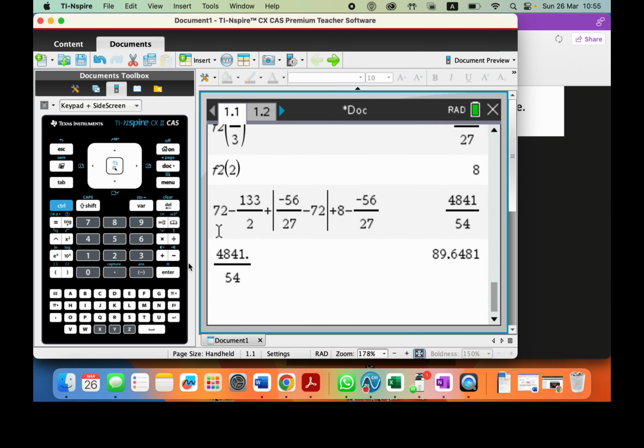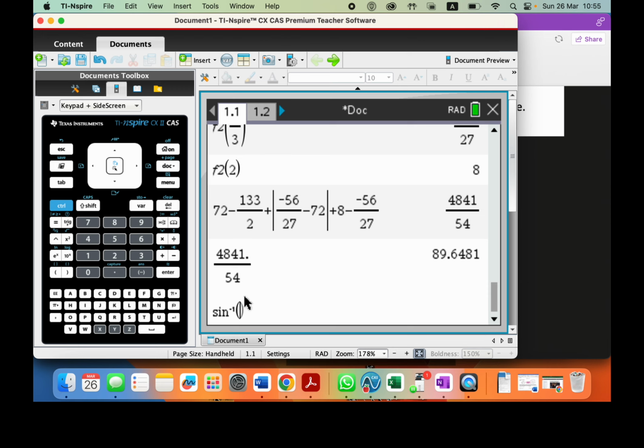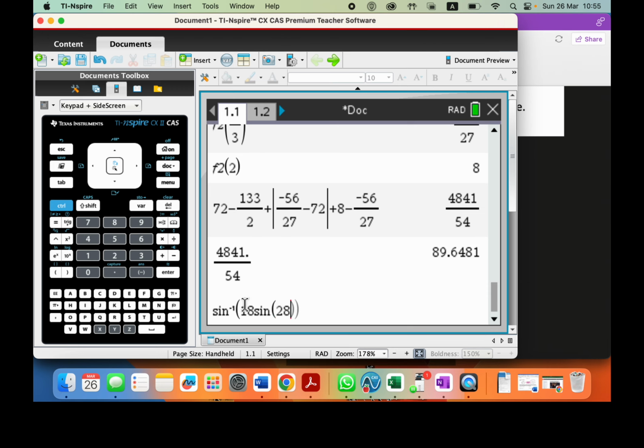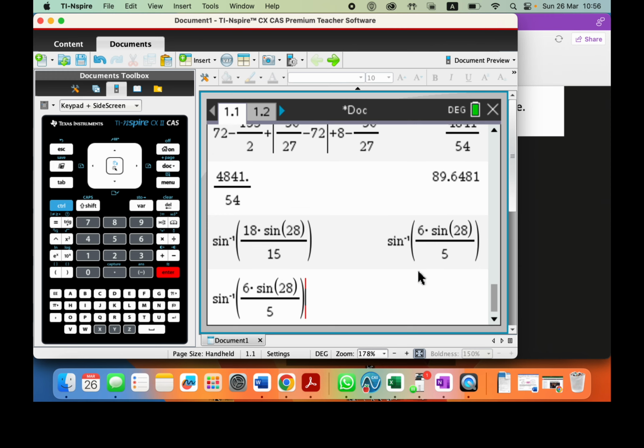So if I do this, I would do arc sine of 18 sine of 28 divided by 15. I need to make sure I'm in degrees. And I press enter. And my calculator just likes to simplify for me.